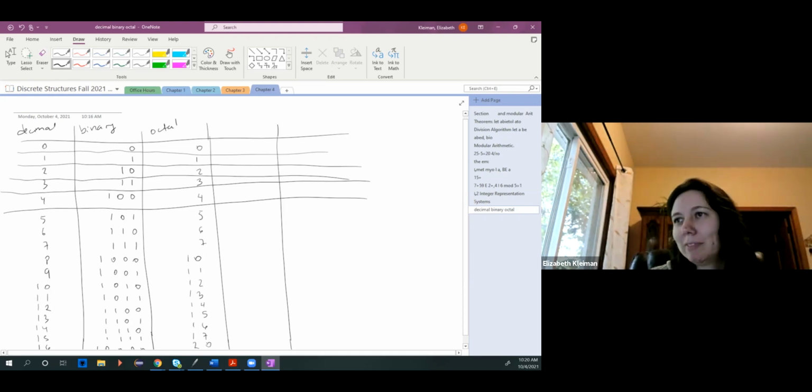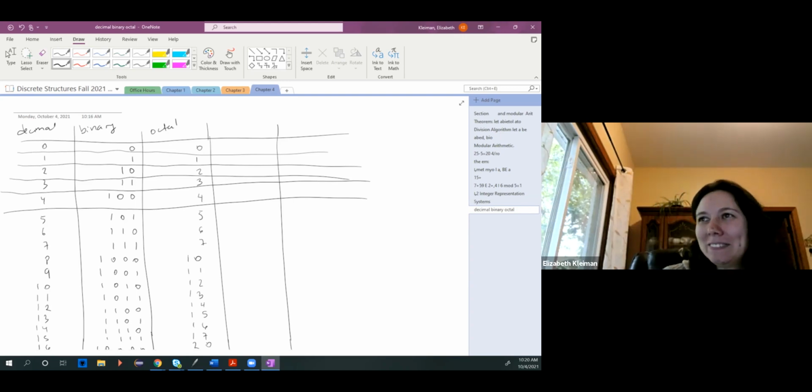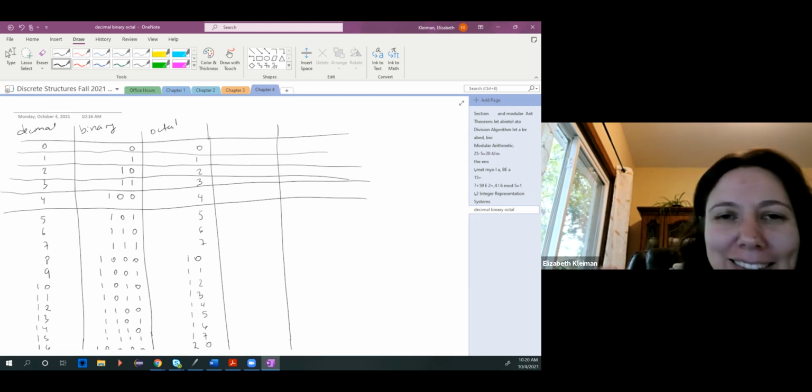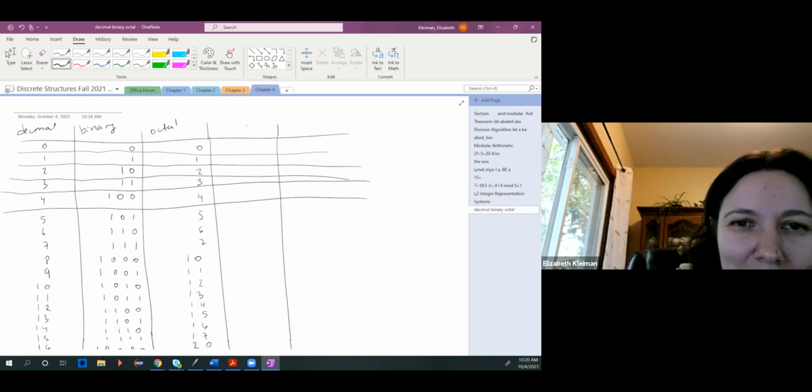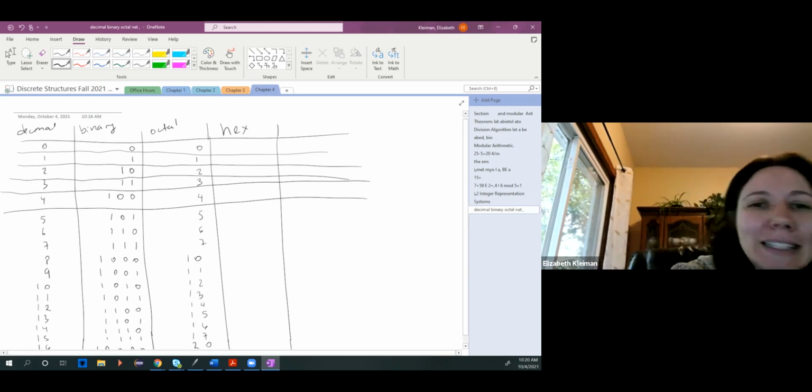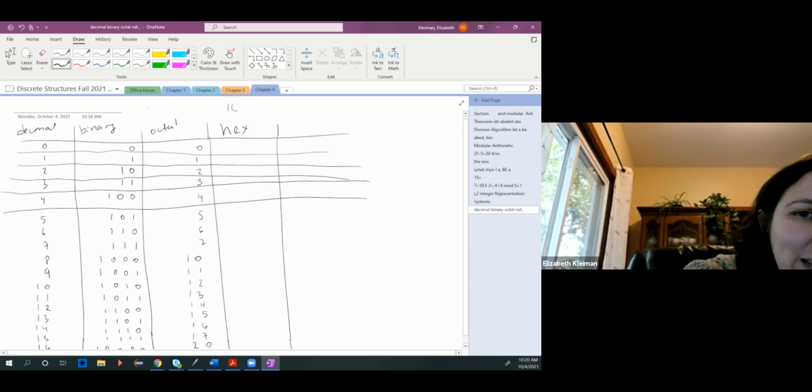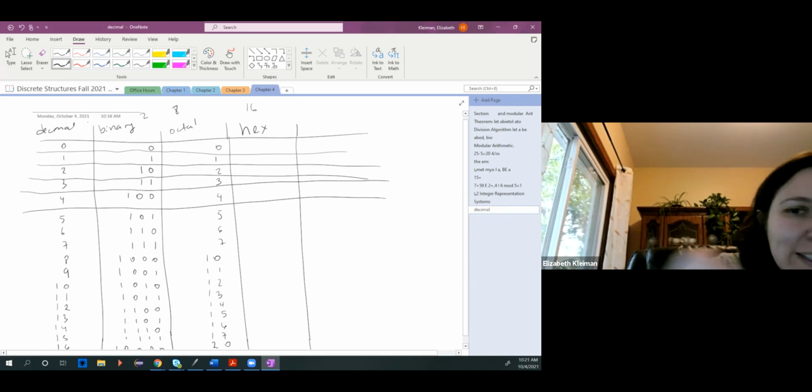Like that. Yes, they look ugly, but that's the way it is. And hexes, and I know I'm running out of time, are actually base 16. So I'm going to write 6, 8, 2, and 10 out here.